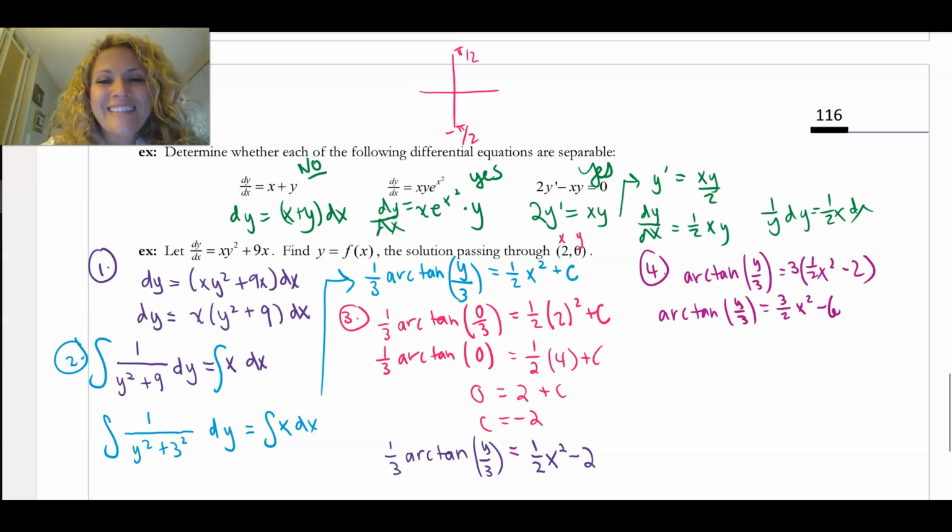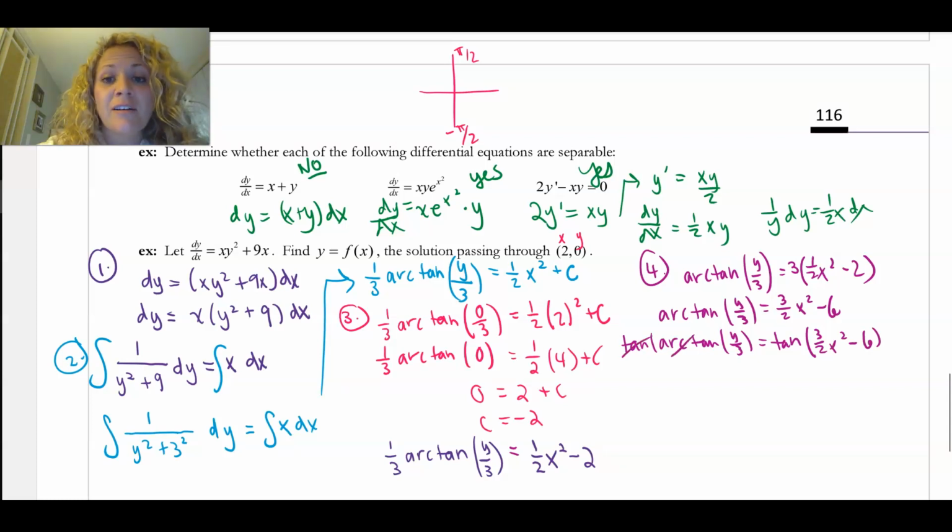All right, so now we need the inverse operation of arctan to get rid of arctan, and the inverse of arctan is tangent. So we're going to take the tangent of both sides. Probably could have skipped writing it, but too late now. The tangent of 3/2 x squared minus 6.